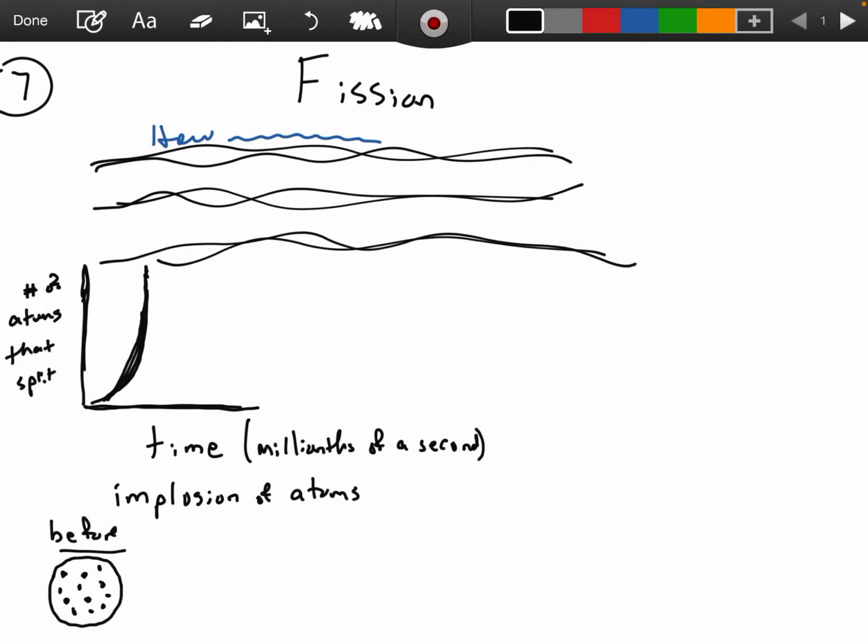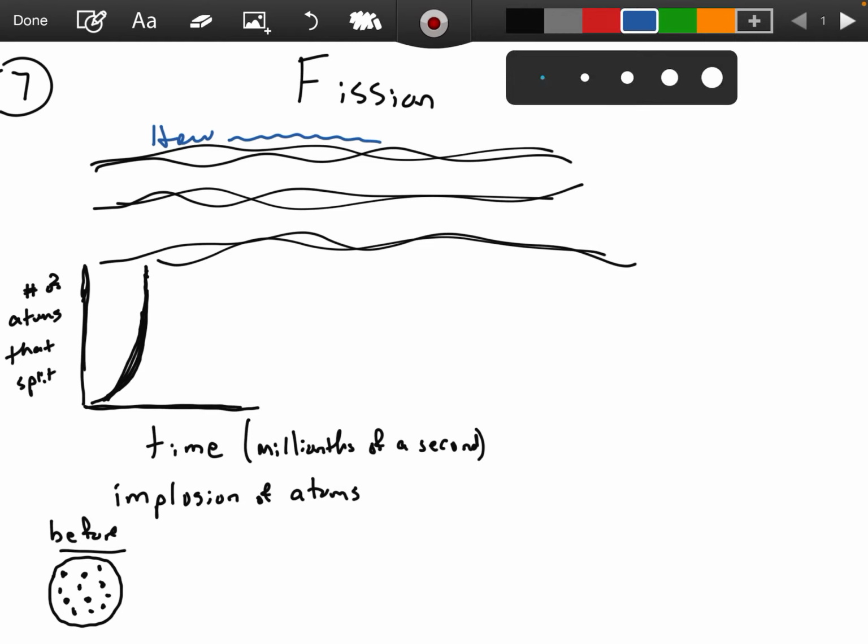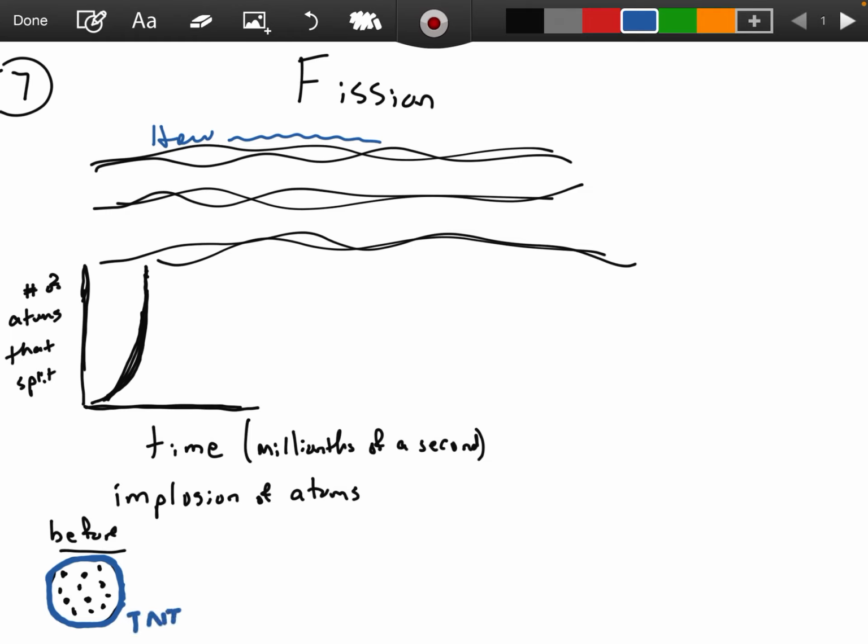And the way that we get this implosion to occur is we encase these things in TNT. Now this took a lot of money and research to understand how to get this to occur precisely so that we would have an atomic explosion. But this blue stuff is the TNT. So somehow you need to label that encasement of blue the TNT.